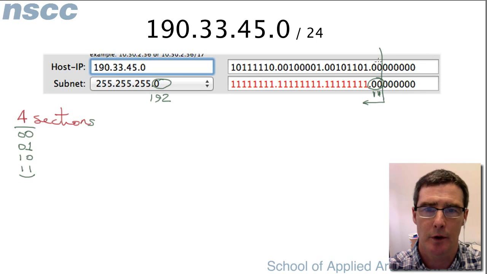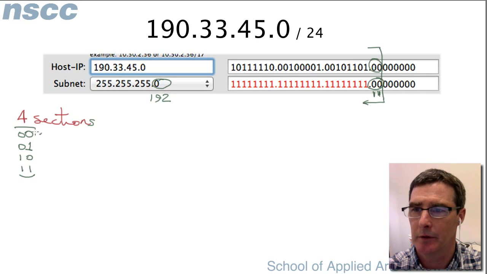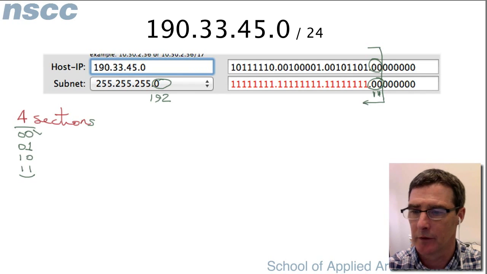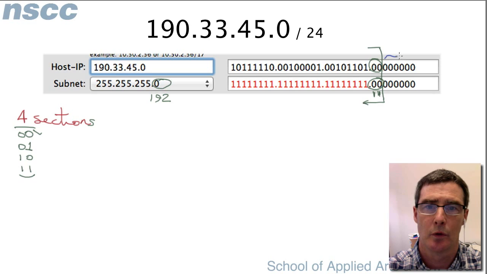So how does that work? Well, for the very first network, these 2 bits here are going to be 0, 0. And the rest of the bits are going to be used for our host definition.